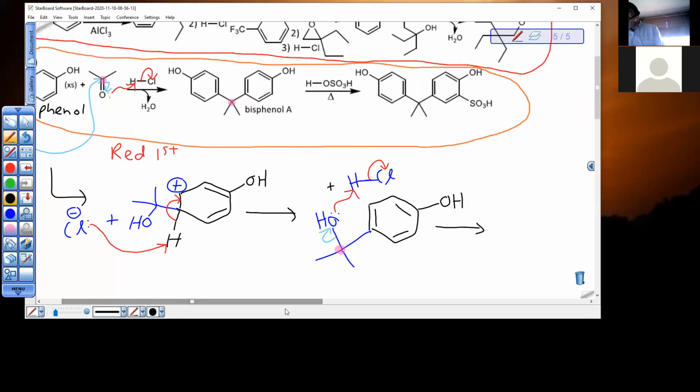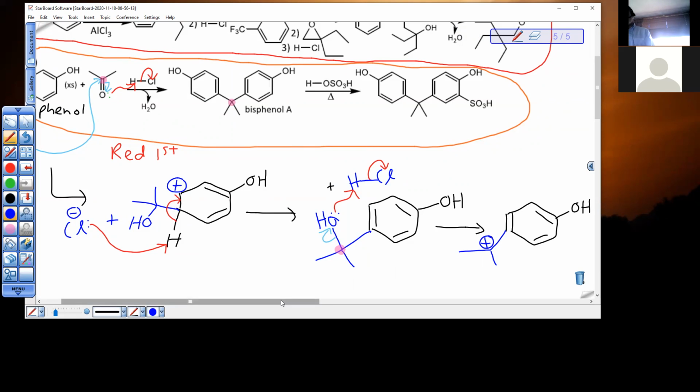And here's what it's going to look like. We have OH here. We have a cation. Do you remember back in 241, we predicted this cation to be as stable as a tertiary plus 1.5 for being benzylic, 4.5 degree carbocation.